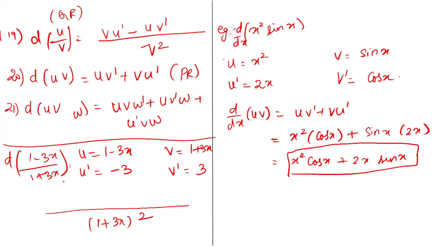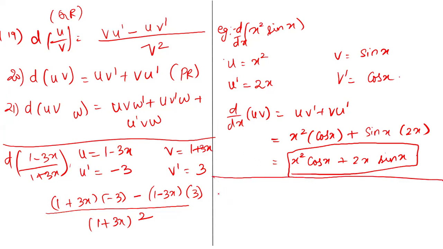So your v is 1 plus 3x and your u dash is minus 3, and then minus u, which is 1 minus 3x, and your v dash is plus 3. Just take a simplification. I'll continue here.